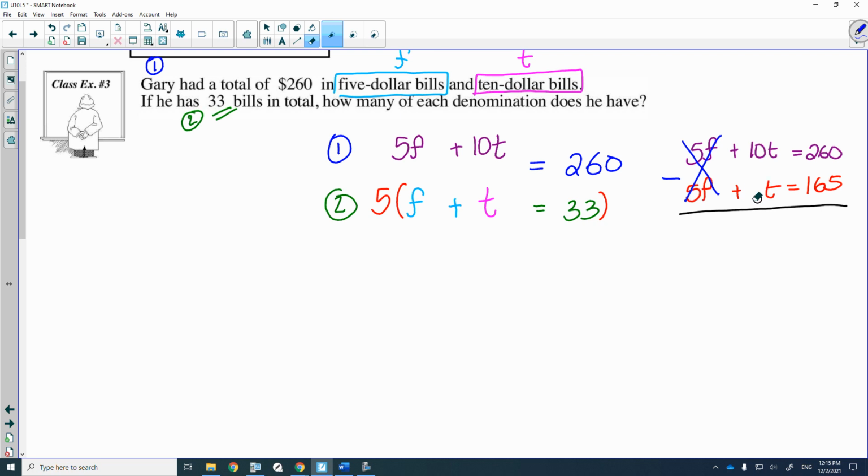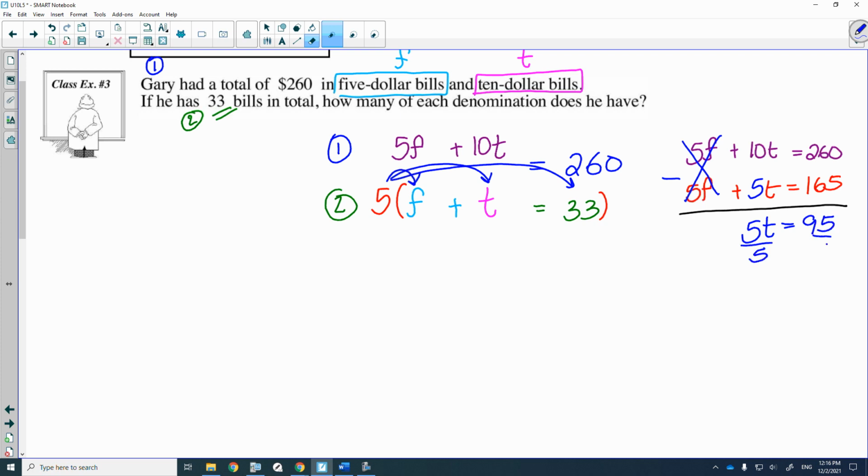It should be 5F because I had to distribute this guy in. So 5F plus 5T is 165. 10T minus 5T is 5T. It's equal to 260 minus 165, which is 95.